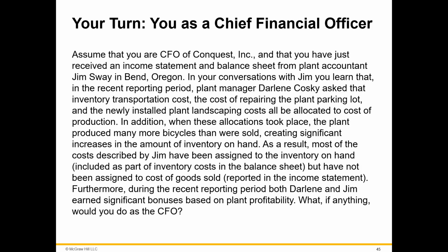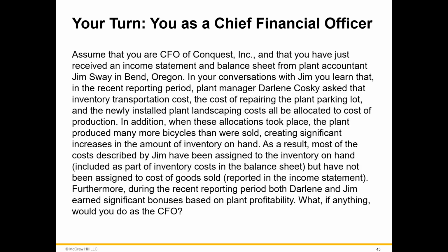So let's assume we are the CFO of Conquest and we've received an income statement. In your conversations with Jim, the plant accountant, you learned that in the recent reporting period, plant manager Darlene asked that inventory transportation costs, the cost of repairing the plant parking lot, and the newly installed plant landscaping costs all be allocated to the cost of production.